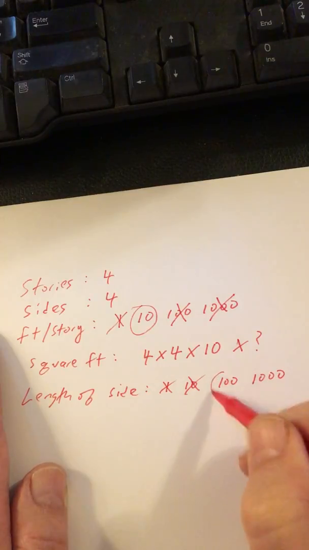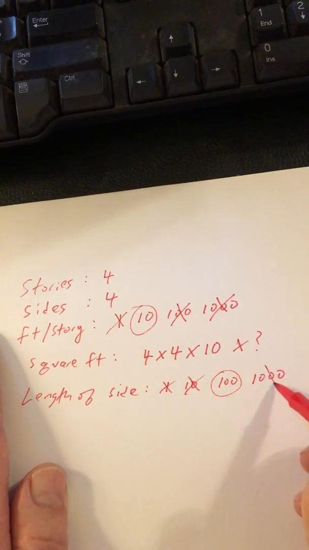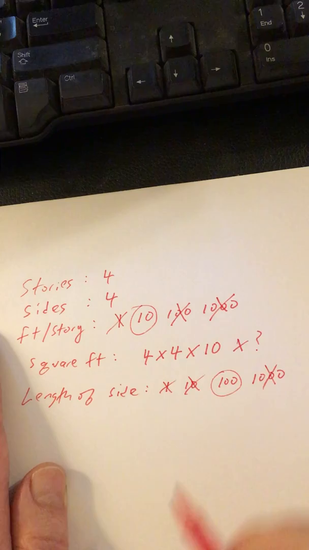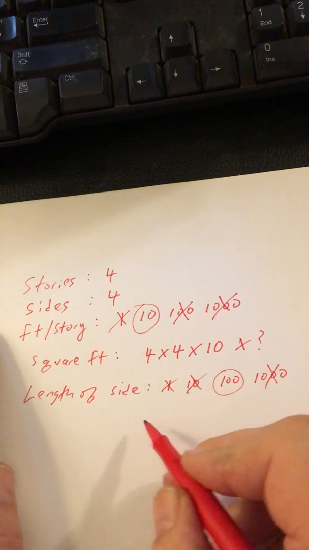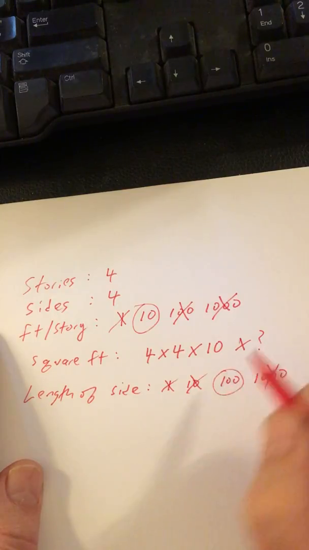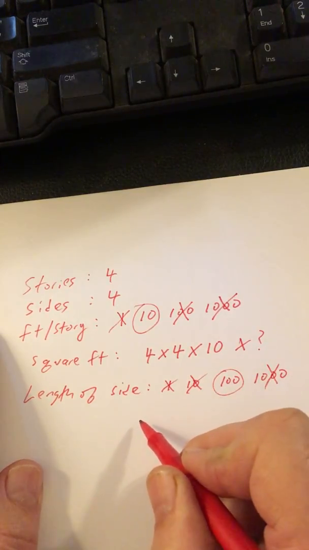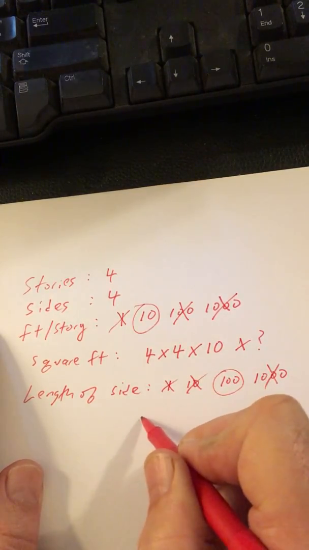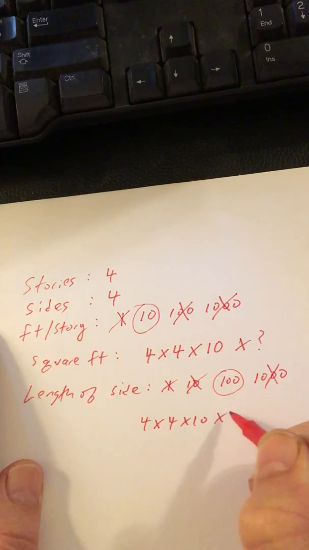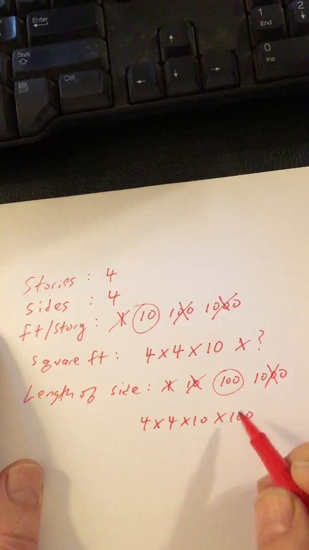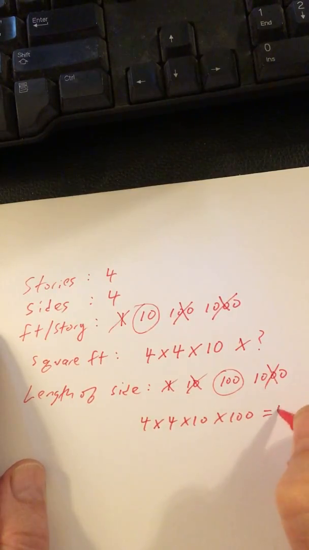So we're going to go with 100 feet. Okay, so that's the question mark there, and that means that the square footage that we're looking at to cover with bricks is 4 times 4 times 10 times 100. 10 times 100 is 1,000, so this would be 16,000 square feet.